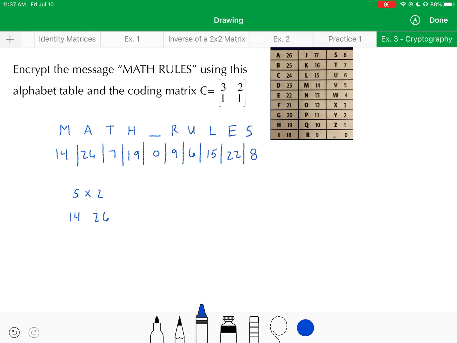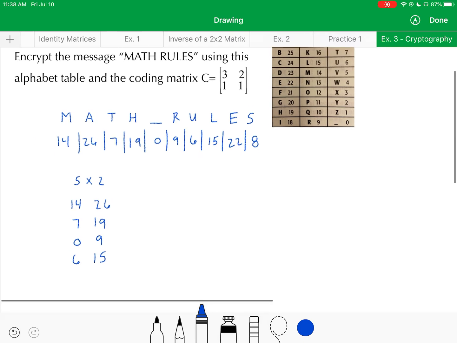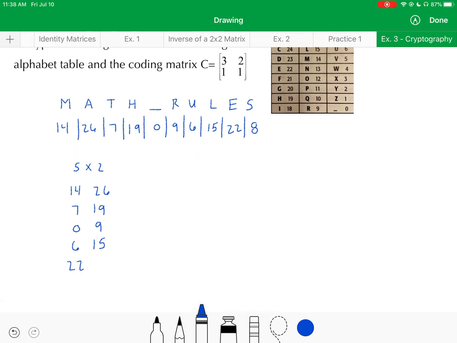And then the next column is 7, 19. Third column is 0, 9, 6, 15, 22, and 8. If for some reason you didn't have the proper number of numbers to complete the matrix, then just make that last space a 0.